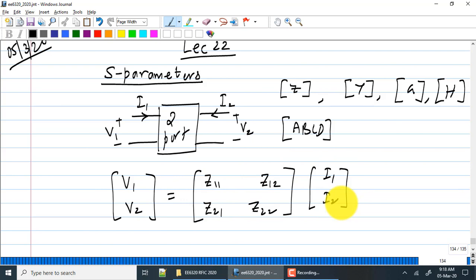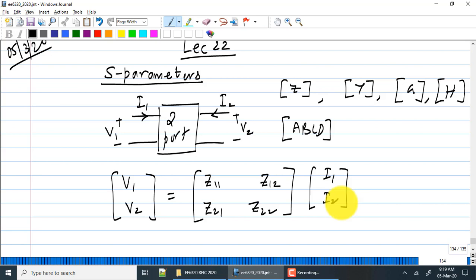G and H are hybrid parameters. ABCD parameters happen to relate the output quantities to the input quantities. They relate I2 and V2 to I1 and V1. You also have inverse ABCD parameters which can relate the input port parameters to the output port parameters. I hope that makes sense now, right? You can now choose any pair of parameters as the independent parameters, the other two as the dependent parameters, right? You'll get a matrix relationship.